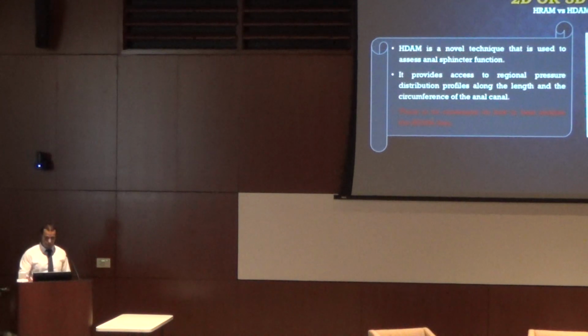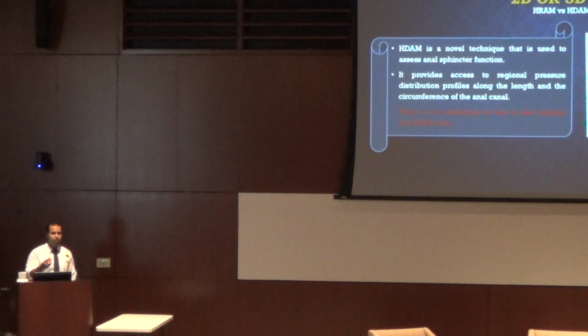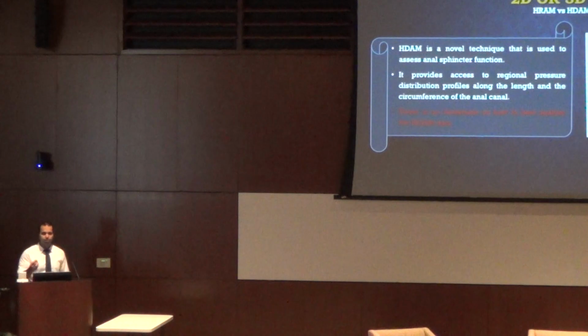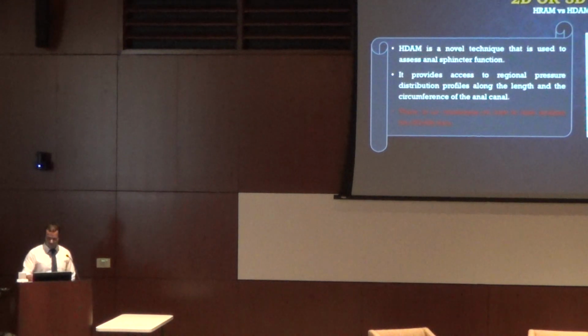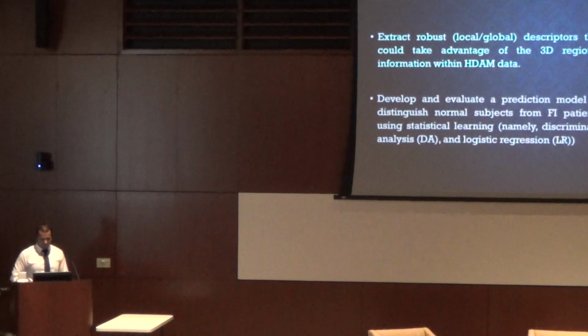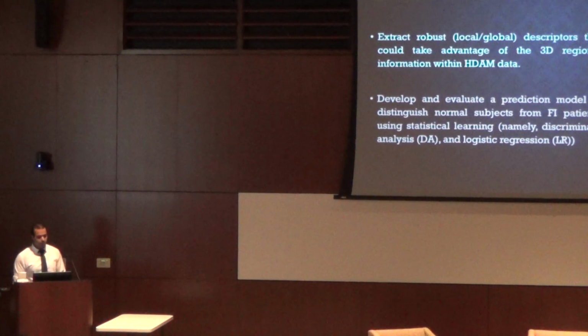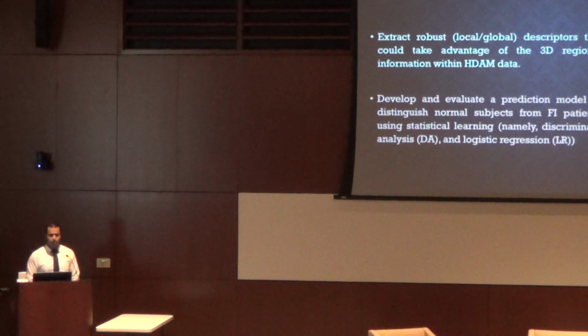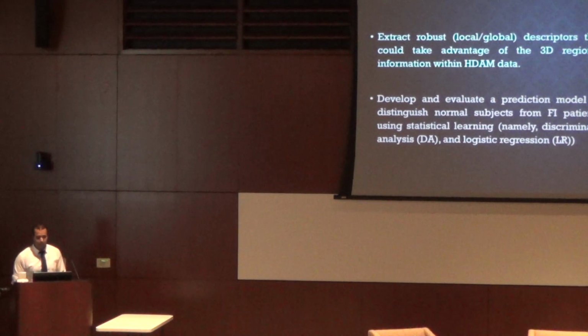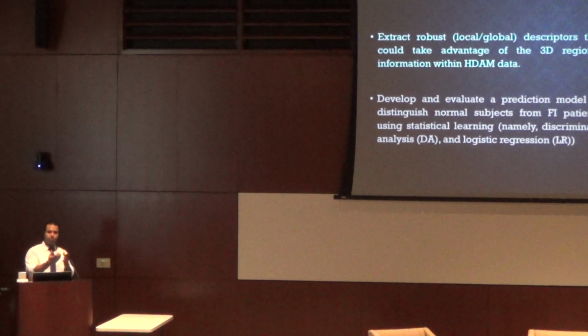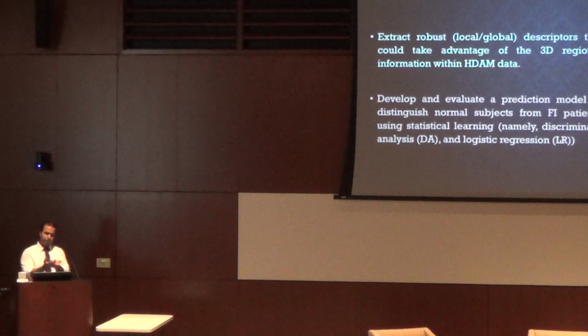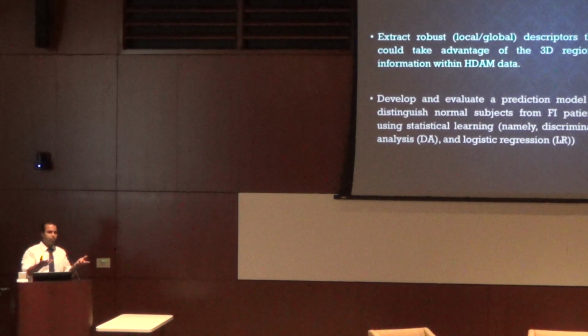We're going to introduce some simplistic, physiologically palpable features that you can extract from these images. The goal is to extract local, robust, and global features from this high definition anorectal manometry data. After all, what the probe is measuring is the activity of the musculature around it.